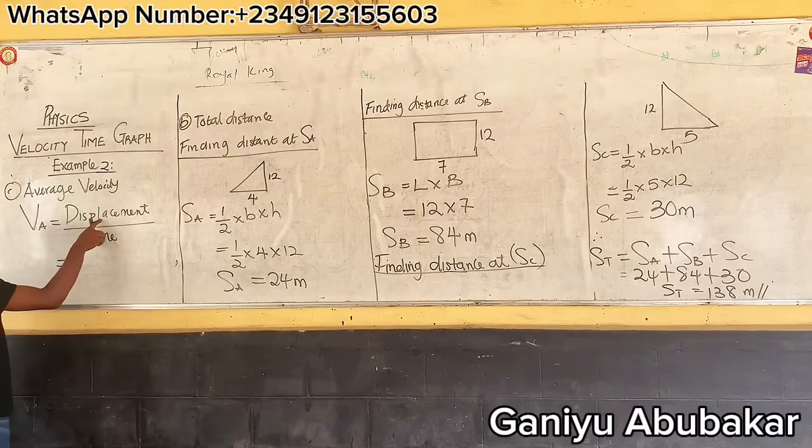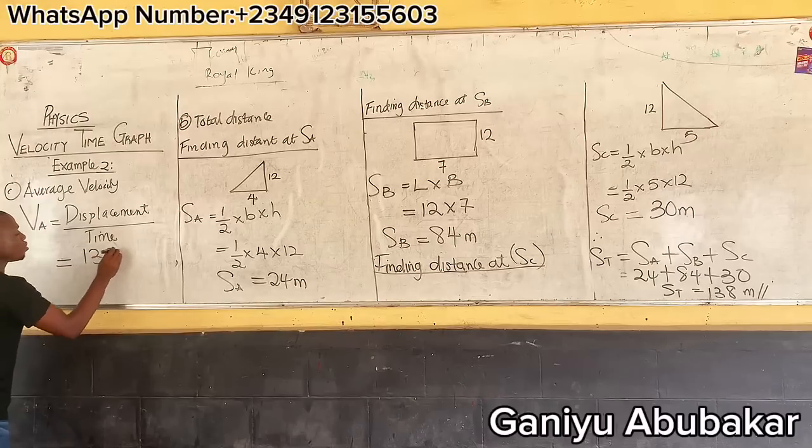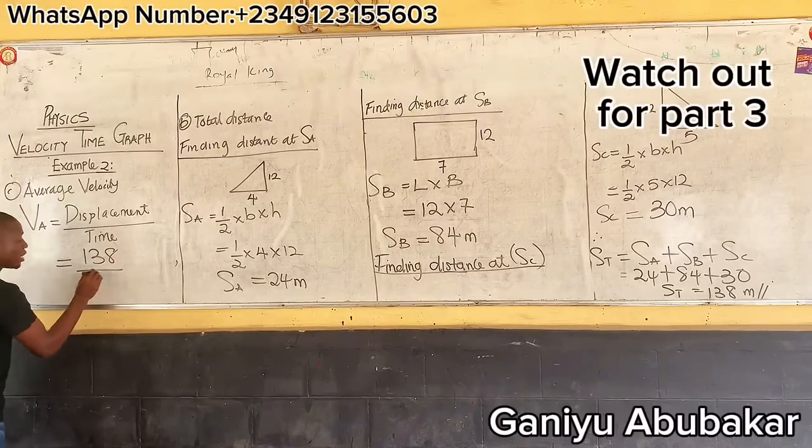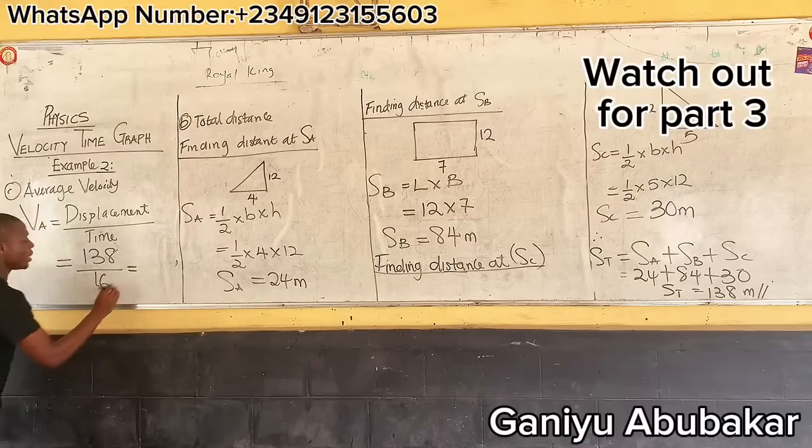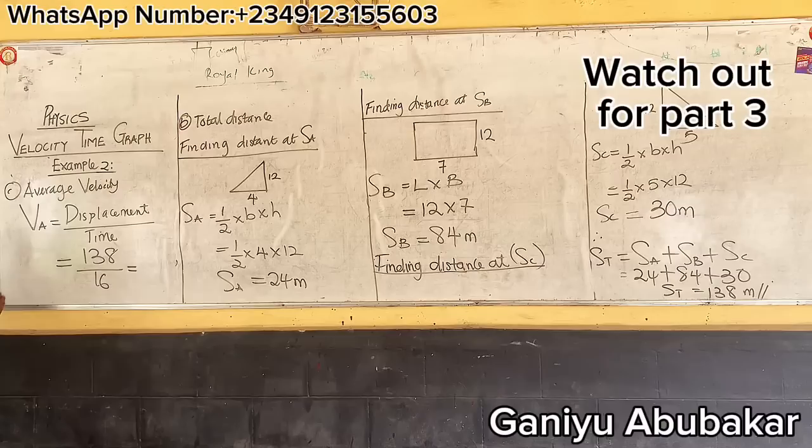What was total displacement there? 138 over total time, which is 16. What's my answer here? So therefore, my average velocity is what? On the calculator, that's 8.625 meters per second.